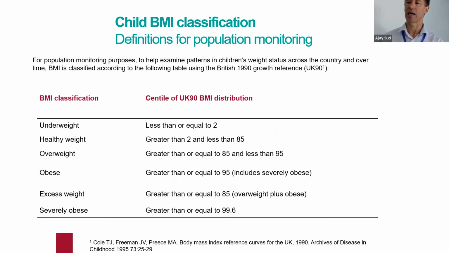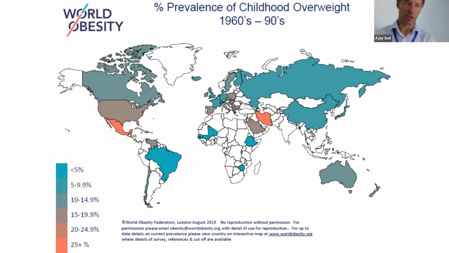And you can see here the definitions that are used for that population monitoring. And we have those individuals who are in the top 5%, if you like, 95th percentile, that would be included in the obesity and severe obesity categories.